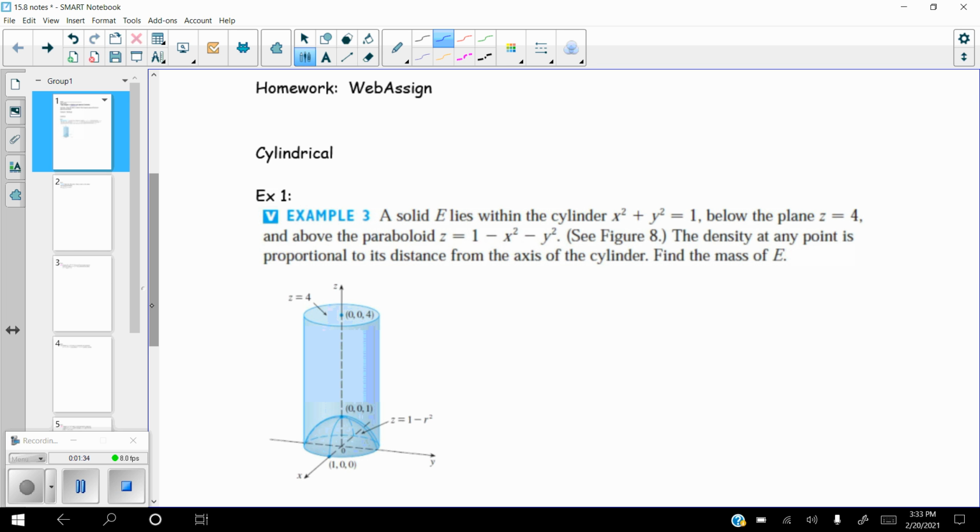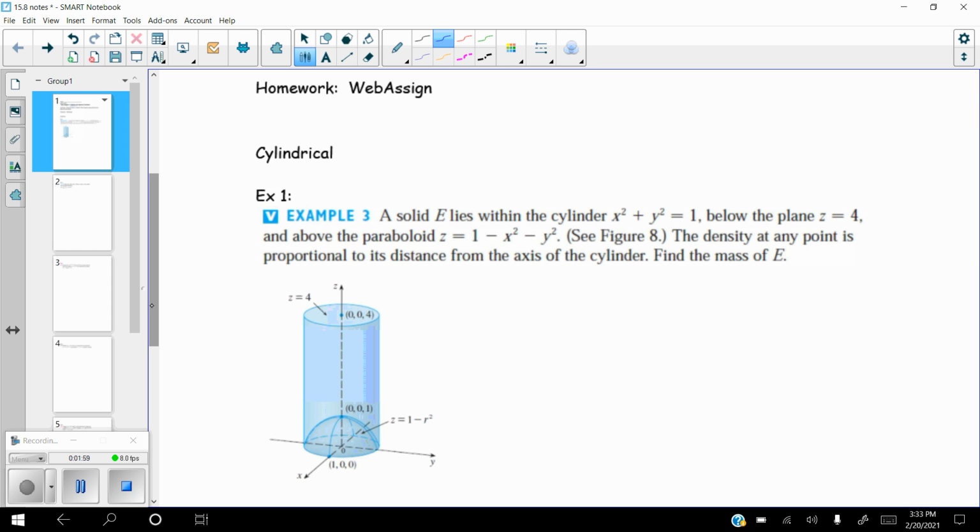You're just going to see what axis your shape is wrapped around. That's going to be the one variable that stays either x, y, or z. The other two will become your r and your theta. In general, most of them are going to be around the z-axis, but not always. We just have to make sure we are careful when it's not around the z-axis.